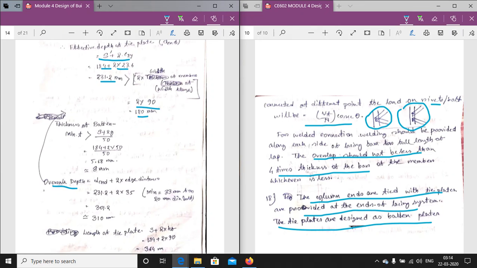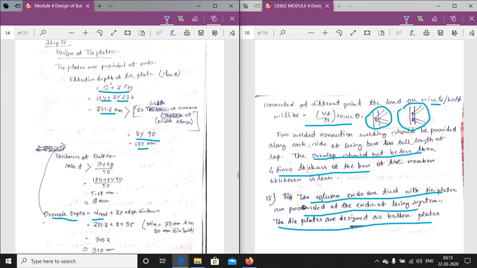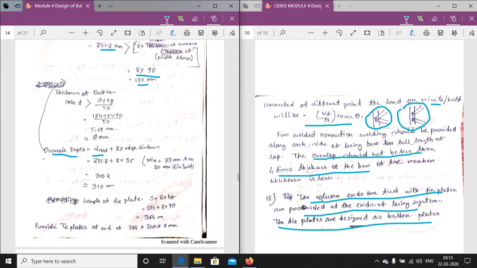The overall depth will be equal to D end, that is the effective depth of the end batten, plus 2 into the edge distance. Now for a 20 mm diameter bolt with normal holes, the minimum edge distance is 33, we are taking 35, so we provide 3110 mm overall depth of the batten plate.